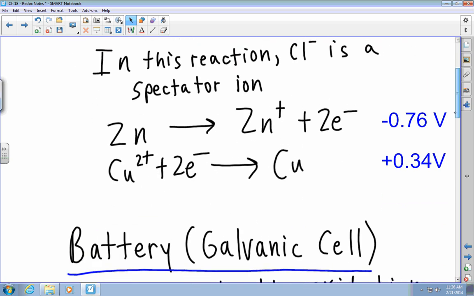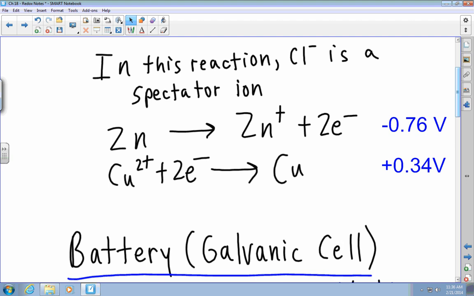So the reactions that are happening, the half reaction zinc going to zinc 2 plus. Here I've just got it written as 1 plus. It should be 2 plus. So zinc going from 0 to 2 plus and losing 2 electrons, and the reduction potential, I guess that's an oxidation, so it's the oxidation potential, is negative 0.76 volts.